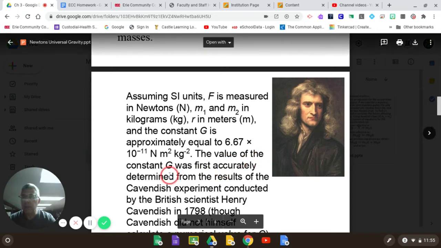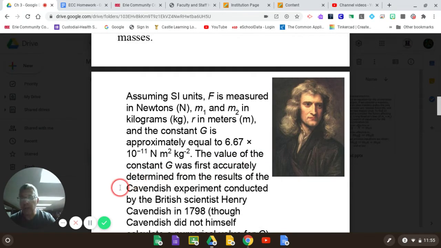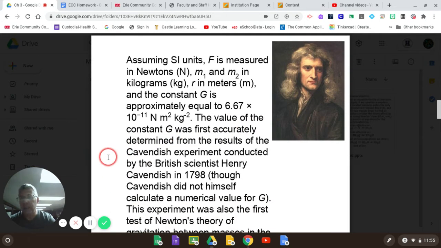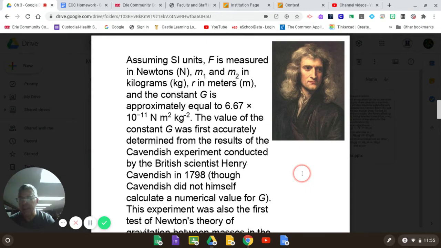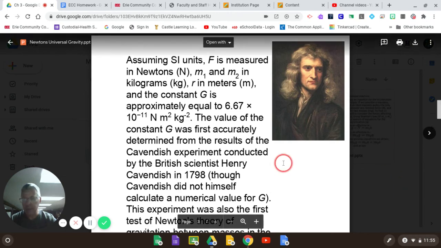The value of constant G was first accurately determined from the results of the Cavendish experiment conducted by British scientist Henry Cavendish in 1798. Though Cavendish himself did not calculate G, he did the activity that gave tons and tons of data, which they then used to calculate G. All right?